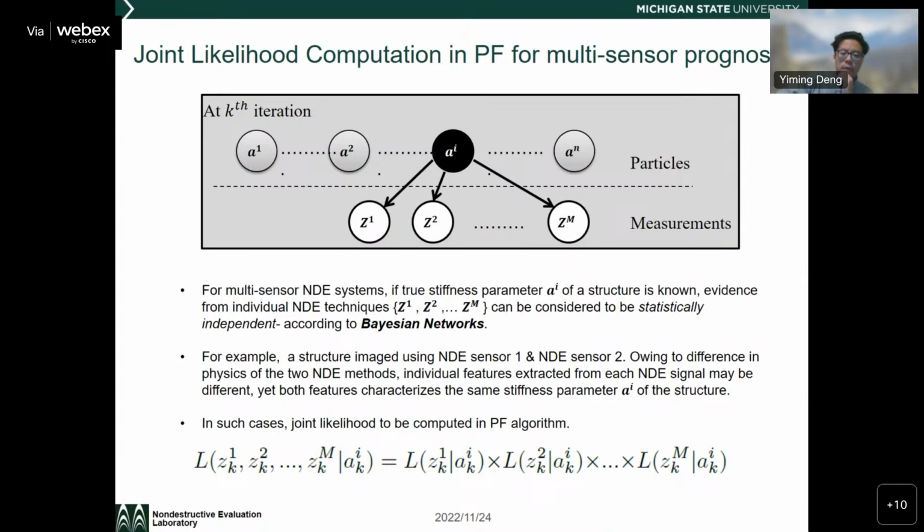particularly for the joint likelihood probability. Let's look at this likelihood function, L of Z1 to Zm given A_k.